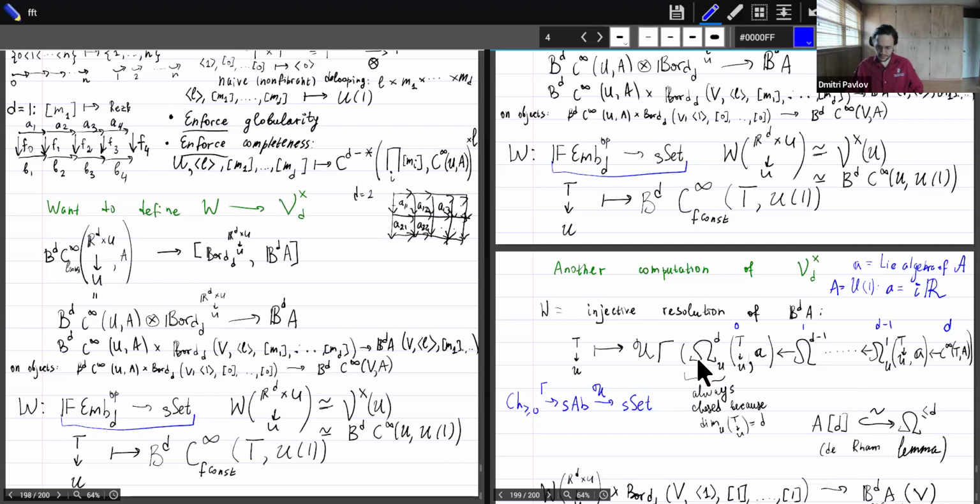And it may look quite different from what we wrote down previously here, but do notice it is in fact exactly the same. So maybe I should write it in more detail.